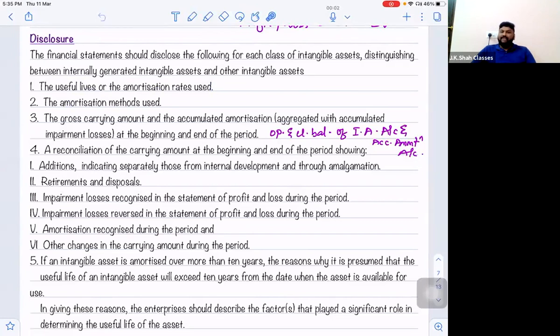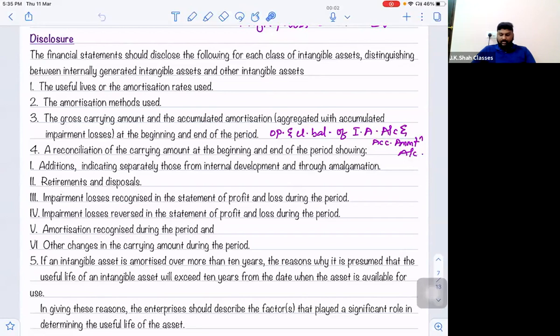Second, the method of amortization should be disclosed. That is whether you are following SLM, WDV, or one more point we learned, proportional depreciation, amortization, that is on the basis of pattern of economic benefit. That is what we learned yesterday. Then gross carrying amount and the accumulated amortization aggregated with the accumulated impairment losses at the beginning and at the end of the period.